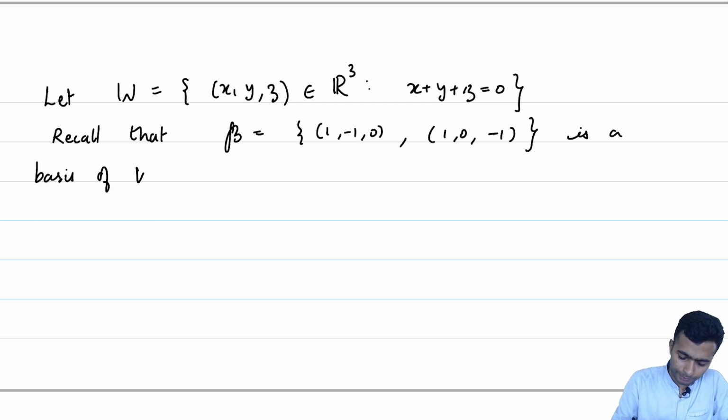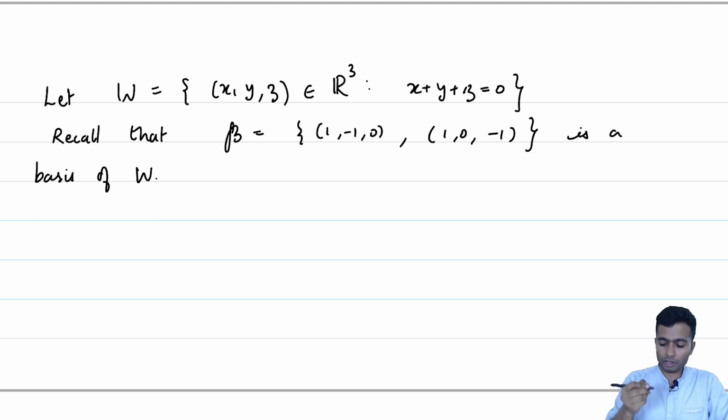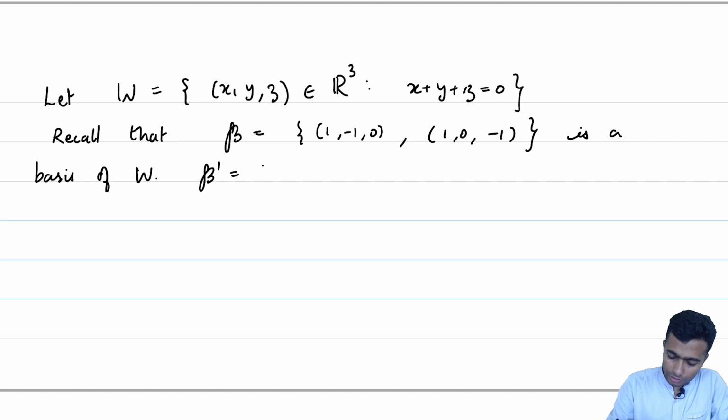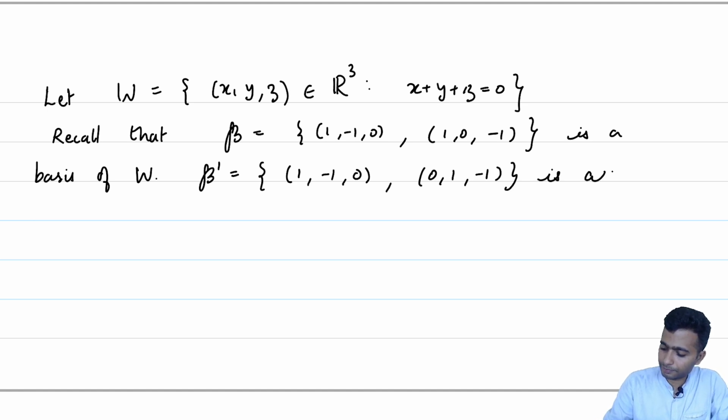of W. But if you try to recall how we got hold of this basis, there was a choice involved, and based on the choice we would have ended up with a different basis. So, for example, beta prime, which is say given by (1, -1, 0) and say (0, 1, -1), is also a basis.